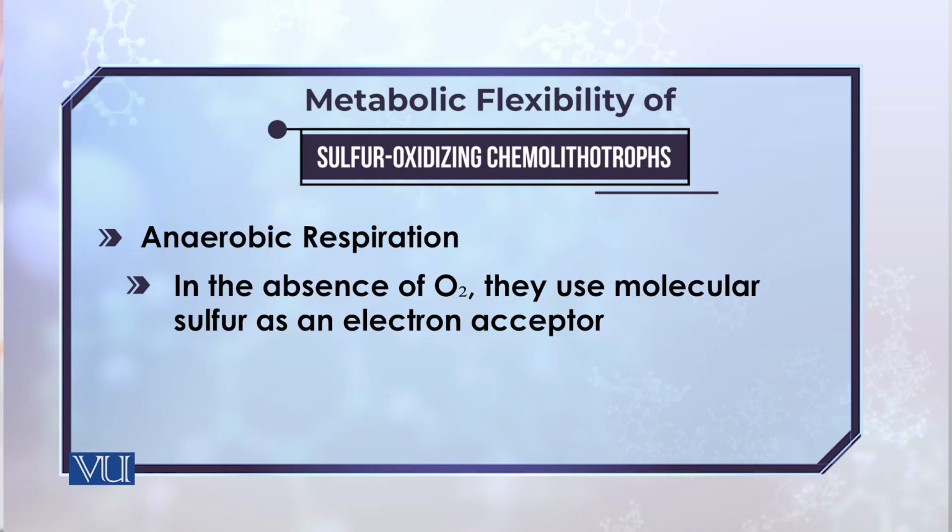Generally, when we talk about aerobic respiration, as it occurs in us, oxygen is the major electron acceptor. But when they undergo anaerobic respiration, these microorganisms use other moieties as the electron acceptor, and here the major electron acceptor is sulfur.